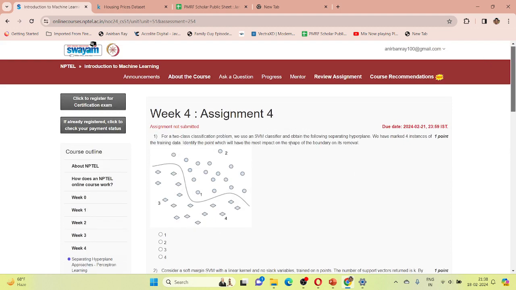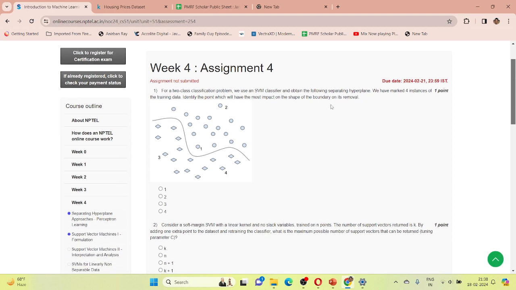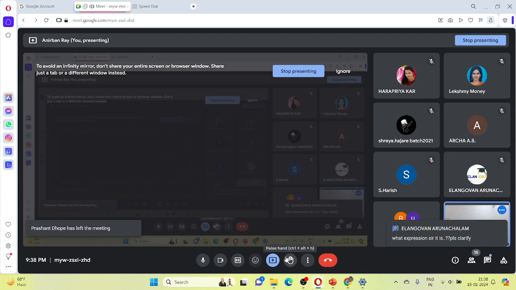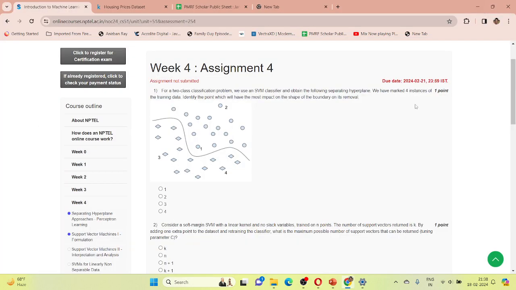For two-class SVM, which instances of training data will have the most impact? These are the boundary points. As I explained, W transpose W is the inverse of the margin, that is, 1 by margin.